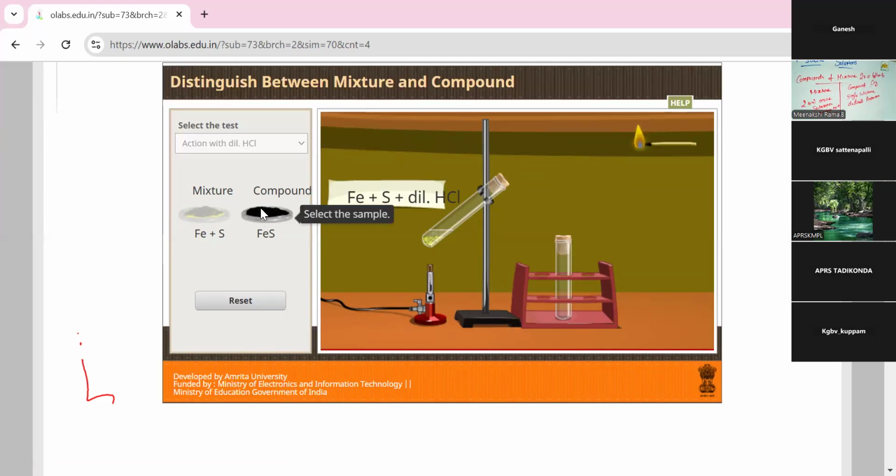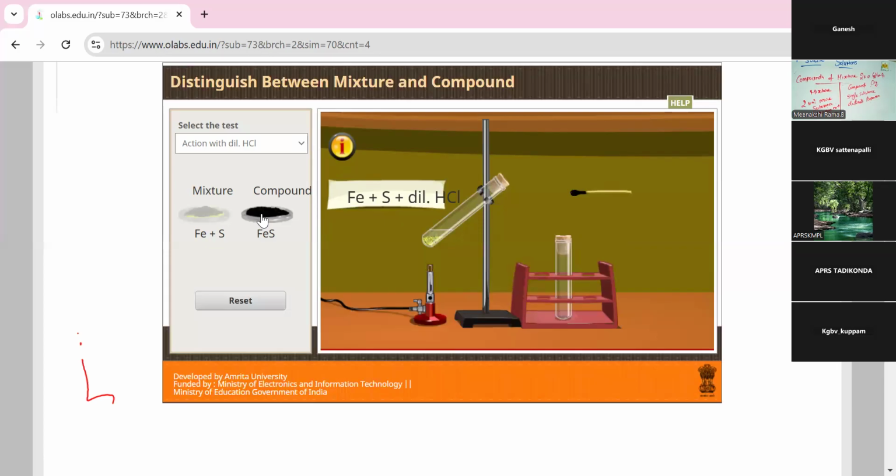Next one is the next sample. Look here. Is there any change?